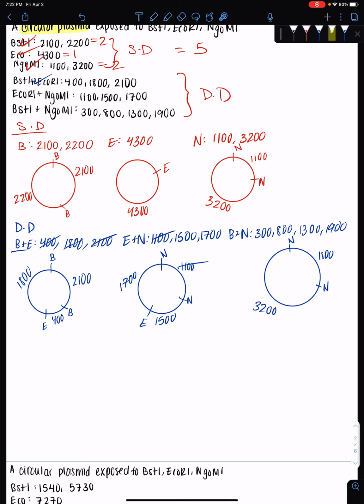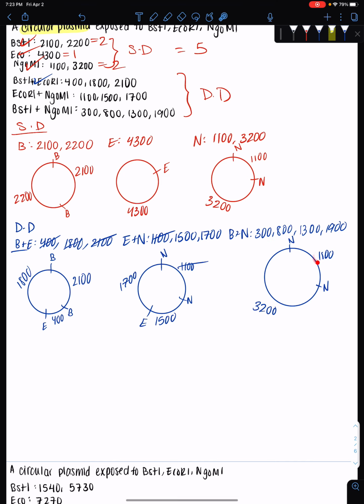So we're going to figure out what numbers in this little box that I'm circling equal 1100 or 3200. So we'll figure out what 2 numbers 3200 is going to be split into and what 2 numbers 1100 is going to be split into. So 300 plus 800 equals 1100.